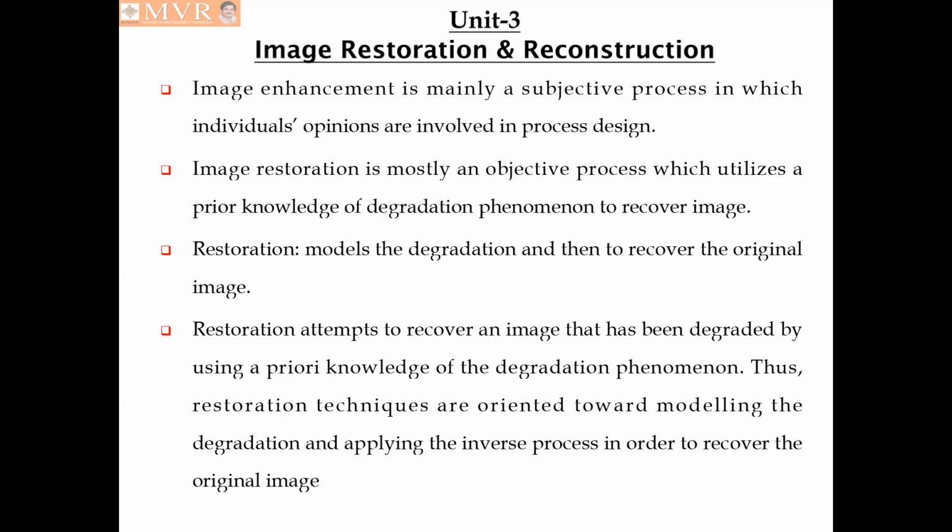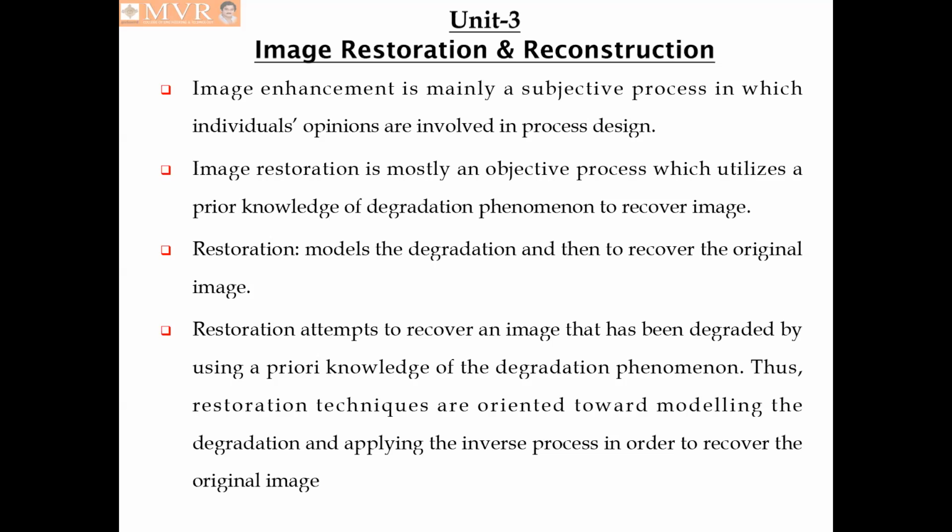So what is the purpose of the restoration? The purpose of the restoration is modeling the degradation. Modeling the degradation means we define the degradation by means of mathematical equations. And after defining the mathematical equations, we recover the original images by means of restoration.